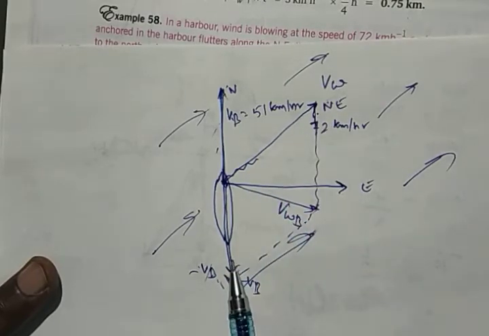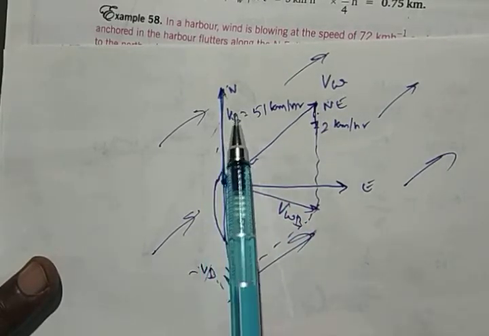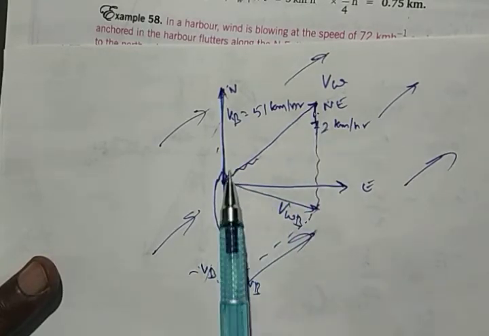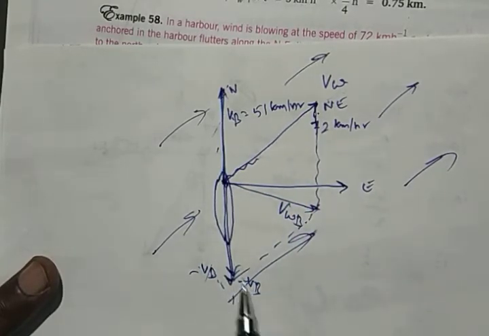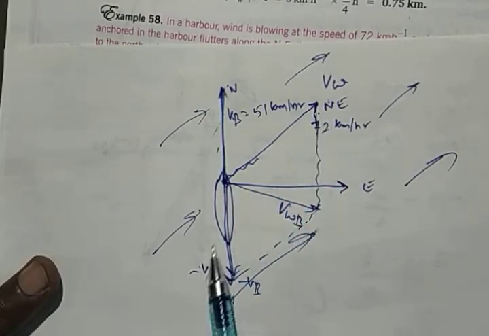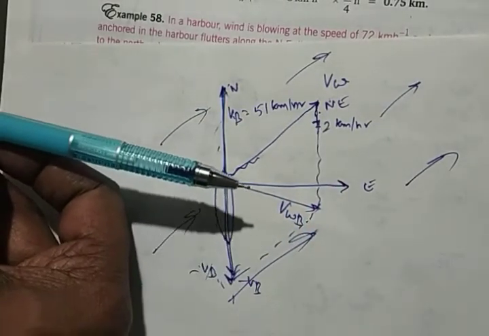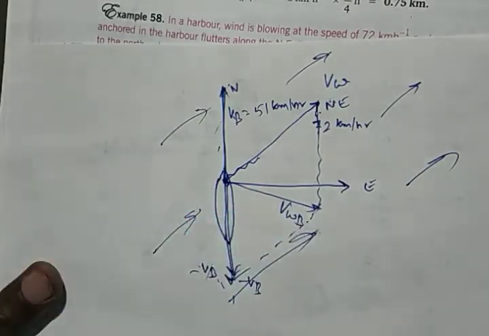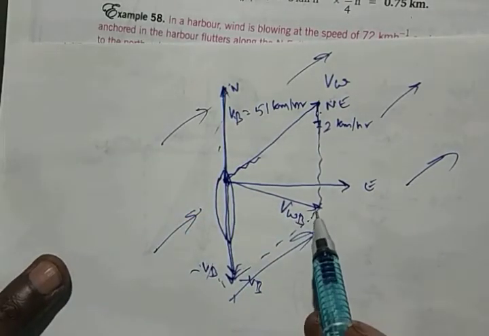So the boat velocity gets cancelled out. The velocity of the wind and the velocity of minus VB give the final resultant, the velocity of the wind with respect to the boat. This will be the resultant velocity of the flag.